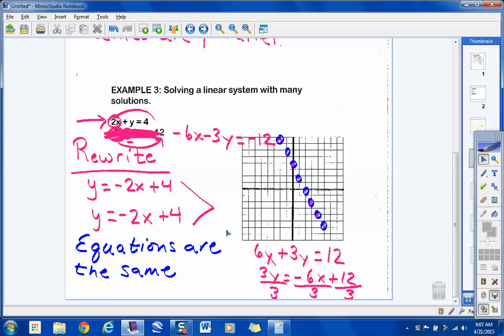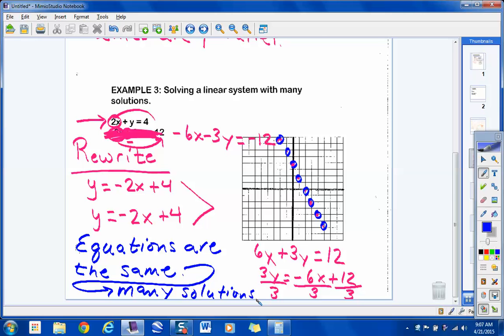So my equations are the same, right? Then what am I going to say about here? How many solutions? There's many. Many solutions, right? Okay. So we've had lines that cross.